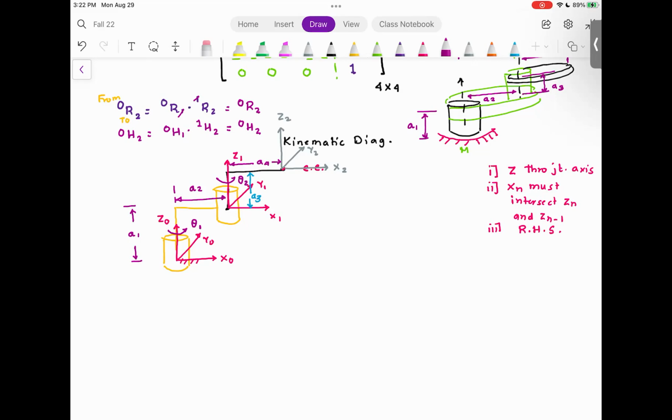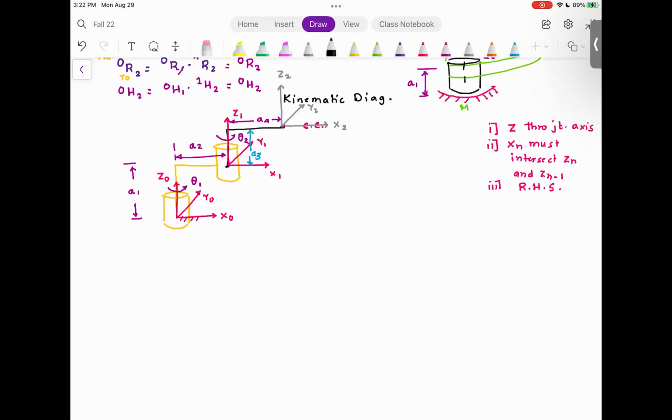DH parameters can also be coded properly, but not now. Towards the end, maybe in the next 2 or 3 classes, I will show you the cases where the DH parameter technique fails, and then you have to use something called the modified DH parameters to overcome those problems. But this technique will always work.